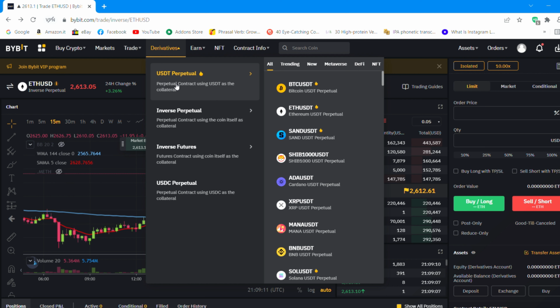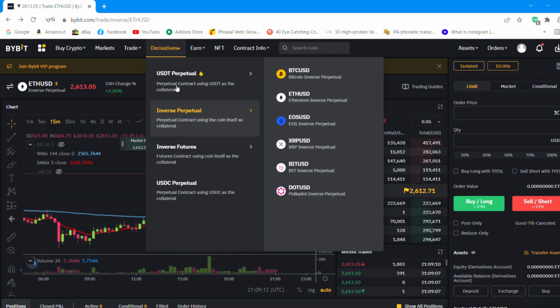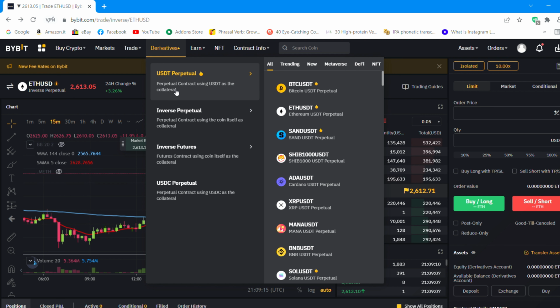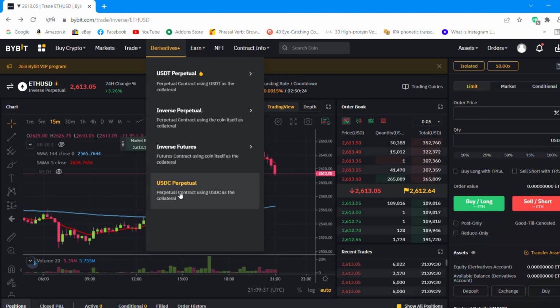So you have different types of trades. It depends on what you use to buy your contracts, because on the platform you're not actually trading coin, you're trading contracts. So with USDT, you're using USDT to buy coin. The same for USDC, you're using USDC to buy coin.